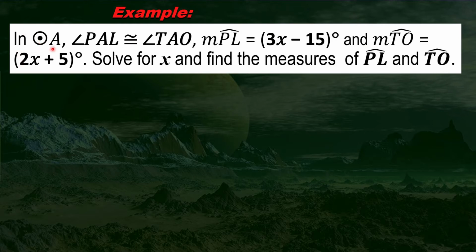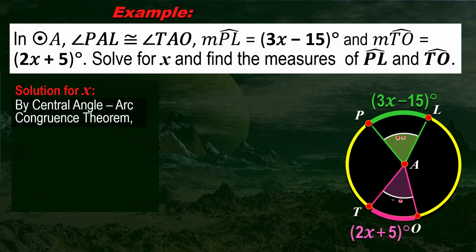In circle A, angle PAL is congruent to angle TAO. The measure of arc PL is equal to 3x minus 15 degrees, and the measure of arc TO is equal to 2x plus 5 degrees. You are going to solve for x and find the measure of arc PL and arc TO. The measure of the central angle is equal to the measure of its intercepted arc.